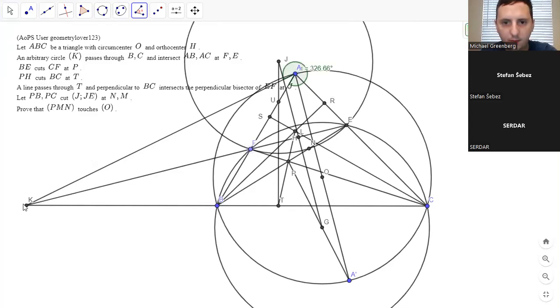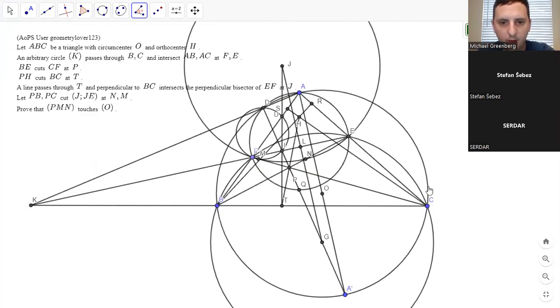KAF, BPT. Yeah, no, these aren't equal. Oh yeah, because this wouldn't be the tangent. If they were tangent, this wouldn't be the tangent line.